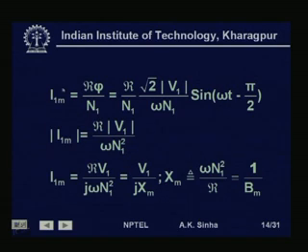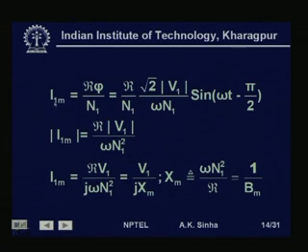Now, what will be the value of I1m? Since we know that the flux is going to be produced by the MMF I1m into N1, this I1m into N1 is equal to the reluctance of the core material, R, into phi.